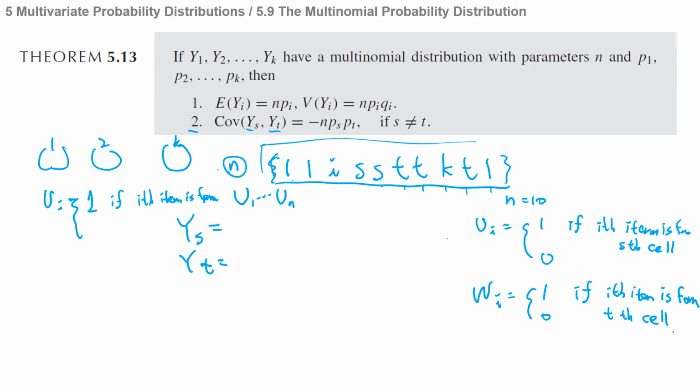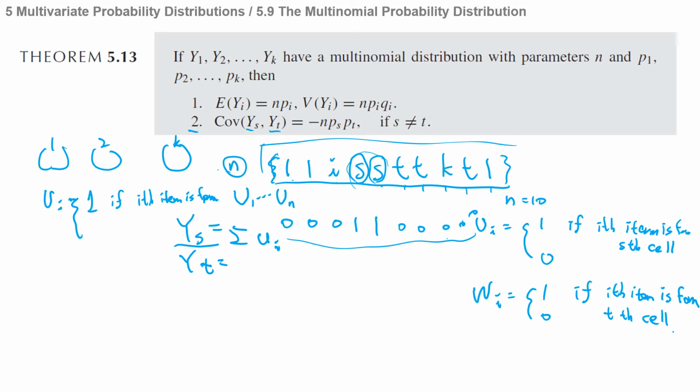Okay, so from this simple event, let's write Ui. Ui is 1 if the ith item is from the s cell. So here, these are from the s cell: U1 is 0, U2 is 0, U3 is 0, U4 is 1, U5 is 1, U6 is 0, and the rest are 0. So these are the Ui's, and the sum of the Ui's is Ys, the number of items picked from the s cell.